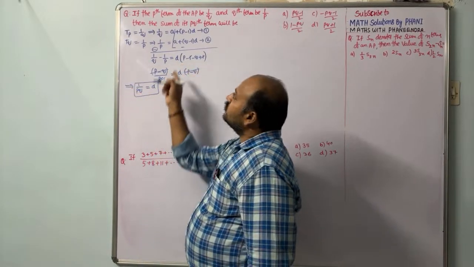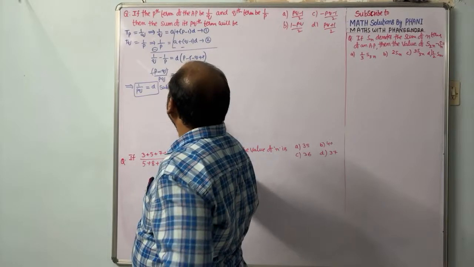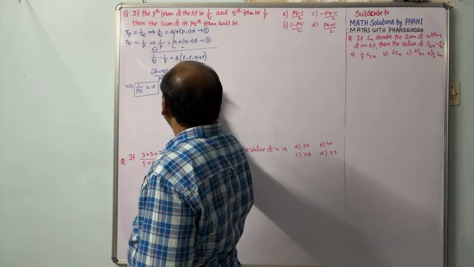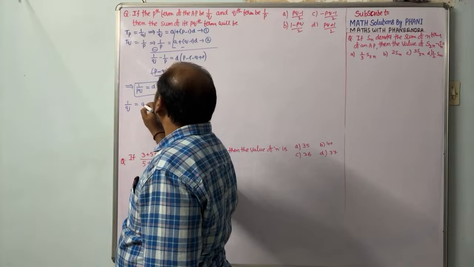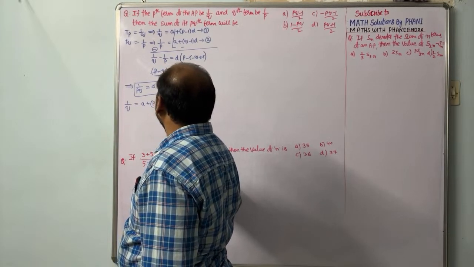So this d value substitute in equation 1, we get 1 by q equal to a plus (p minus 1) into 1 by pq.